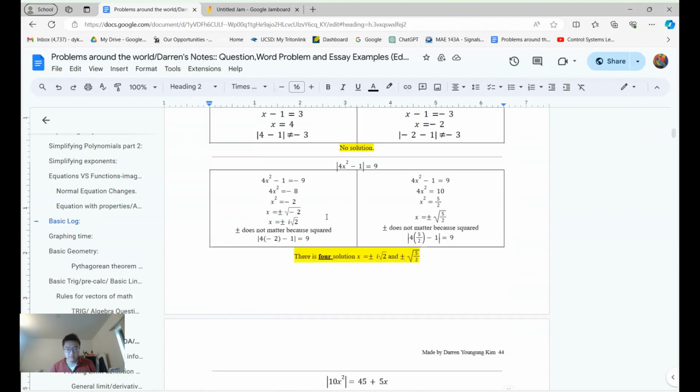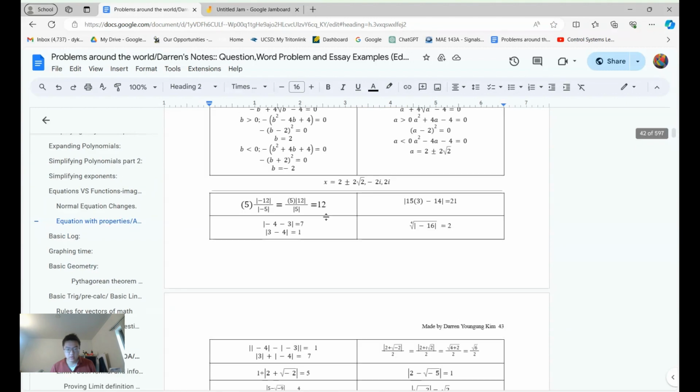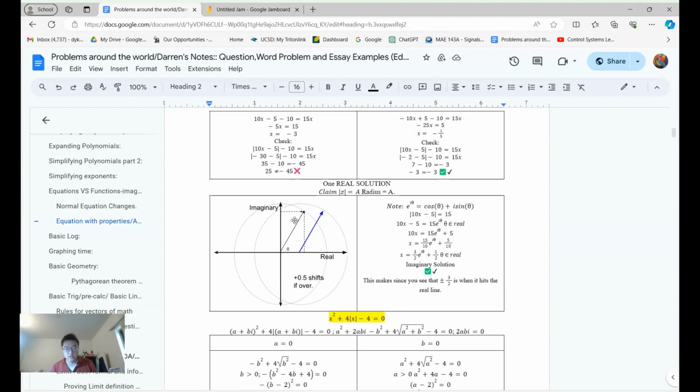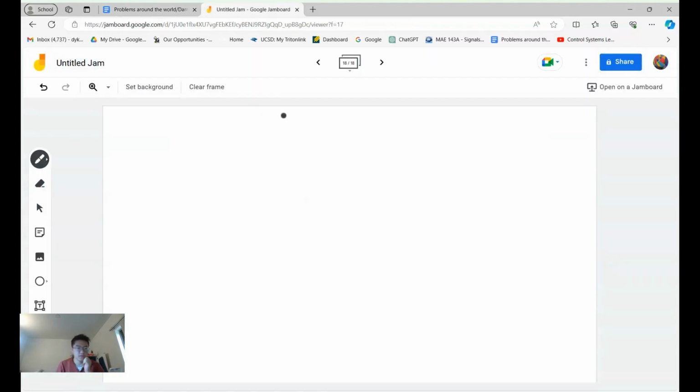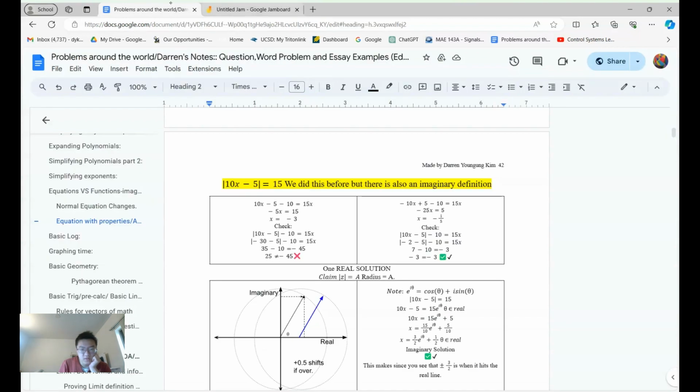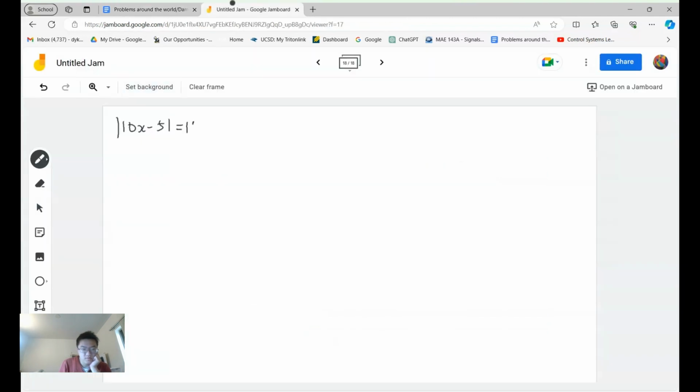There's a few questions I want to talk about. One is the imaginary movement. So when we did the question like 10x minus 5, did I really choose 5? Well, I don't know.